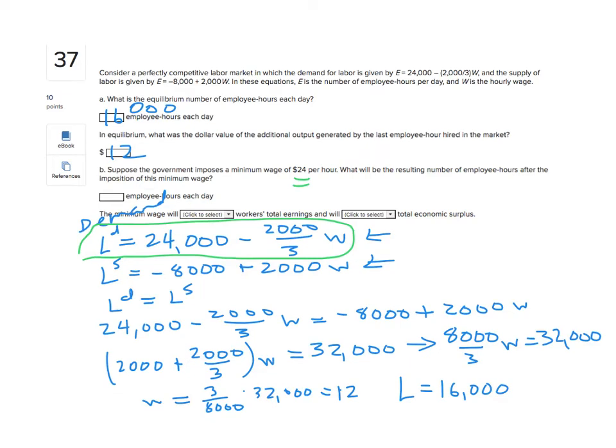So L equals 24,000 minus 2,000 over 3 times 24.